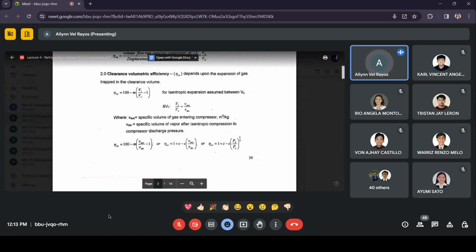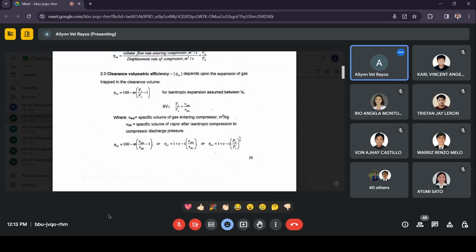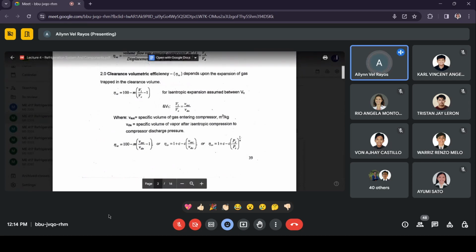This is what we used yesterday: 1 plus C minus C multiplied by the quantity V of suction, that is V1 over V2. Or 1 plus C minus C in terms of pressure, P2 over P1, since it is P discharge over P1, raised to 1 over N. What is M?